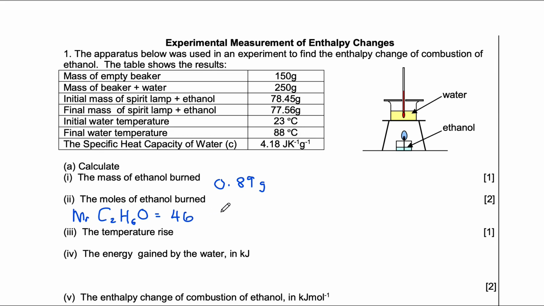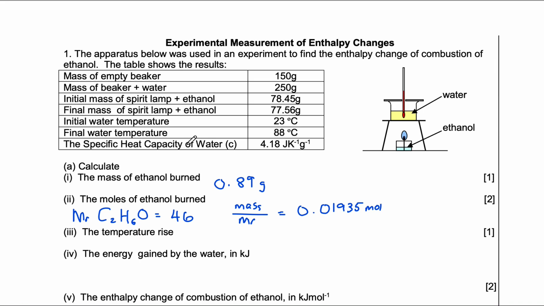To work out the moles, we do mass divided by the Mr. So 0.89 grams divided by 46, and you should get a rather long number in your calculator. I'm just going to round it to 0.01935 moles.